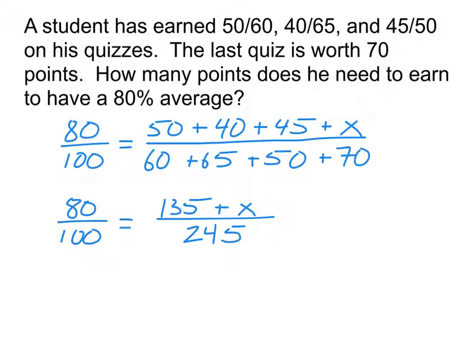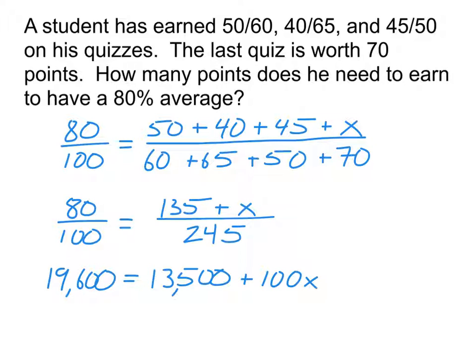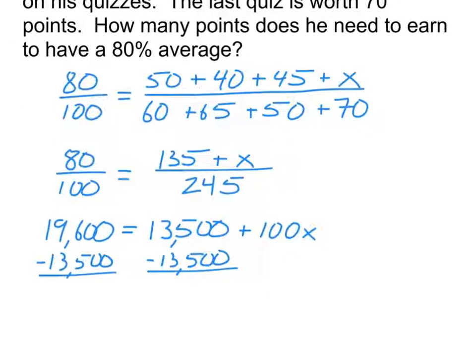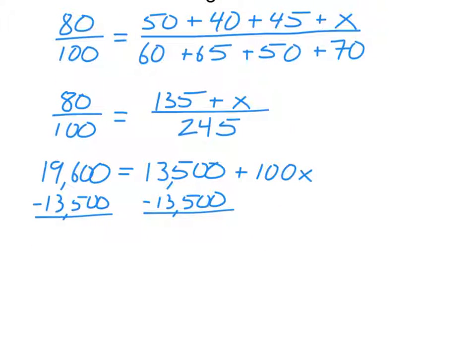Now it looks a lot like the other ones we've done. Go ahead and solve that proportion. At the very end here, you notice we end up dividing by 100.